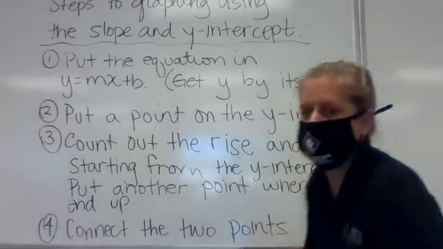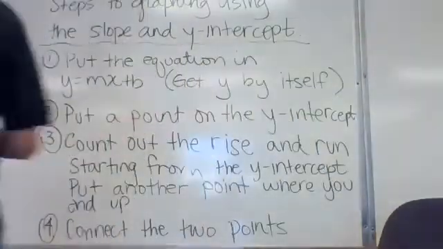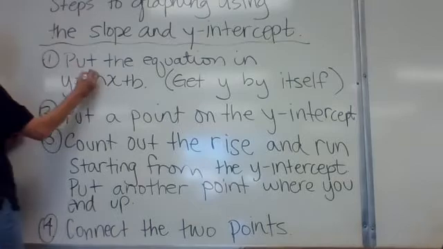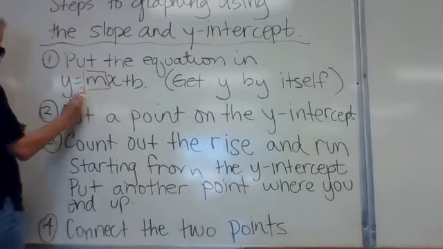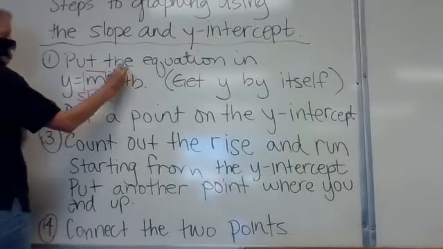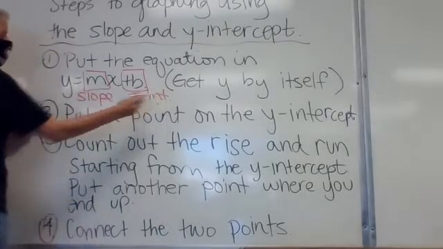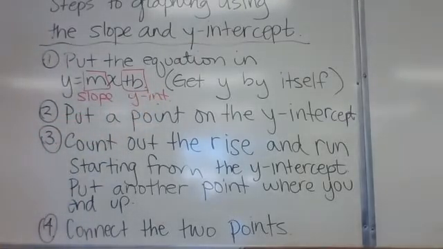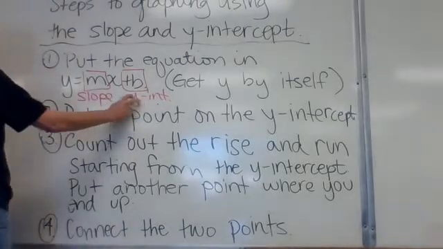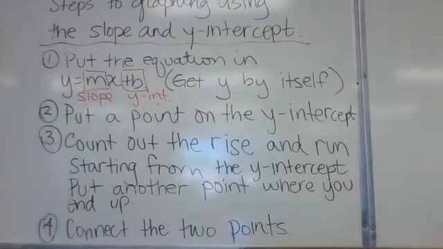In other words, get the y by itself, because if you get the y by itself, the number hooked onto the x is the slope. The number not hooked onto the x is the y-intercept. So that's why you want to get the y by itself. Once you do that, you'll know your slope and y-intercept from this equation.